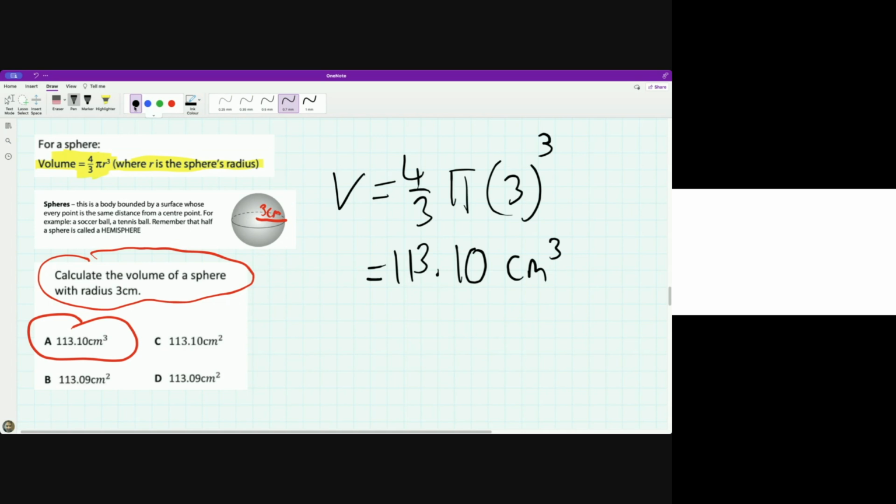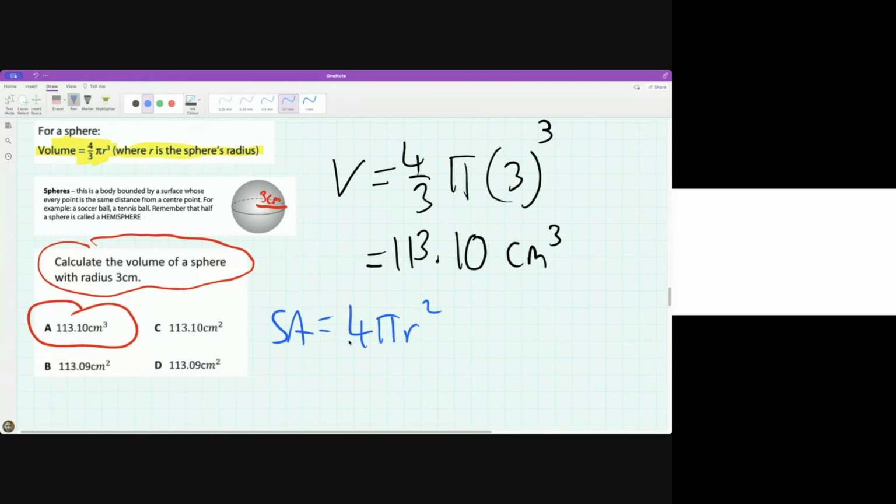Now, while we're doing the volume for a sphere, we may as well do the surface area for a sphere. And the good news is the surface area is something they'll give you, and the surface area is just 4 pi r squared. So again, this will be given, but you just need to know 4/3 is about the volume, and surface area is going to be 4 pi r squared.